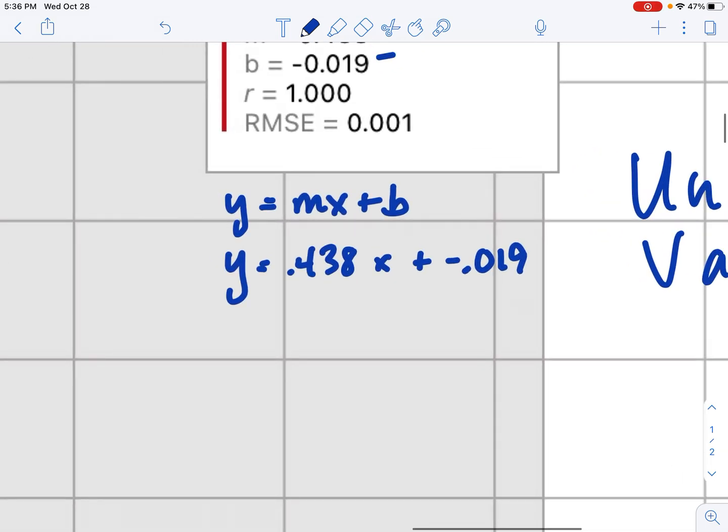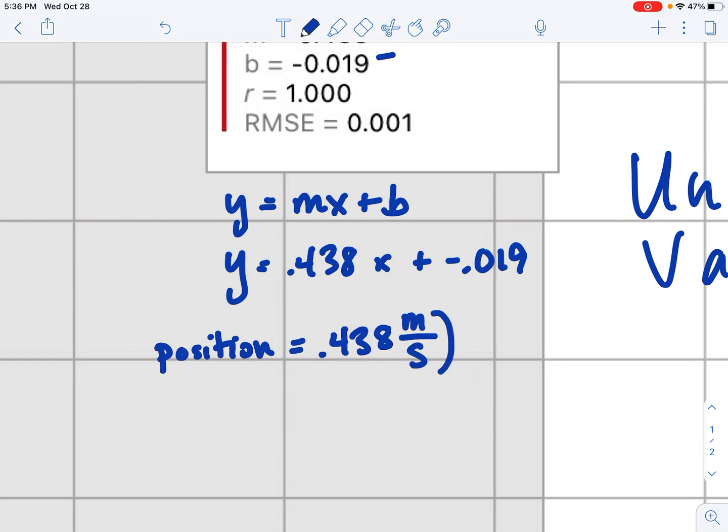So the units, on the y-axis, we have position. 0.438 is our slope. And our slope is our y unit over our x unit, and it equals the velocity.